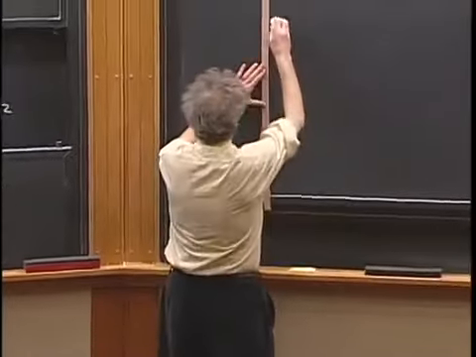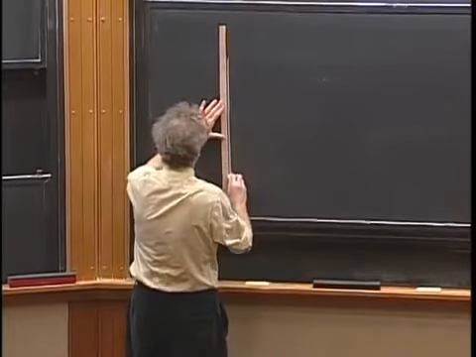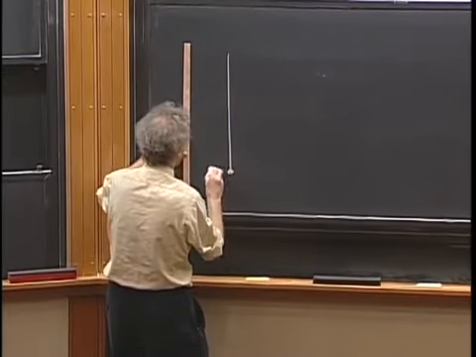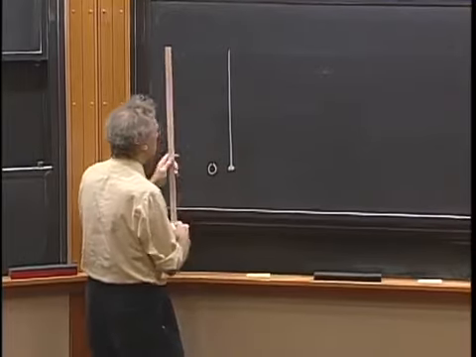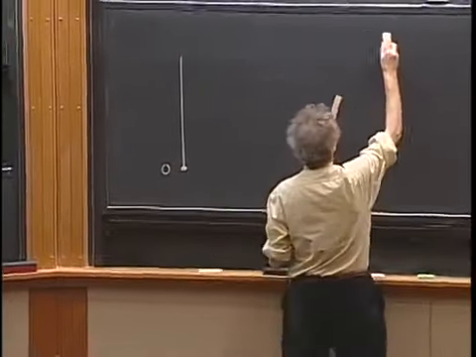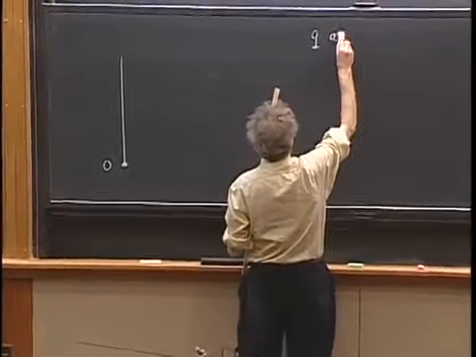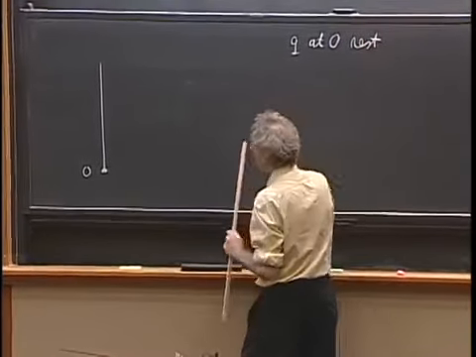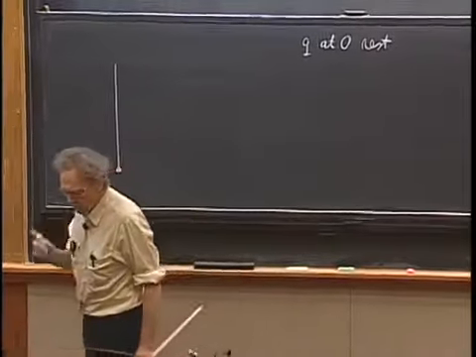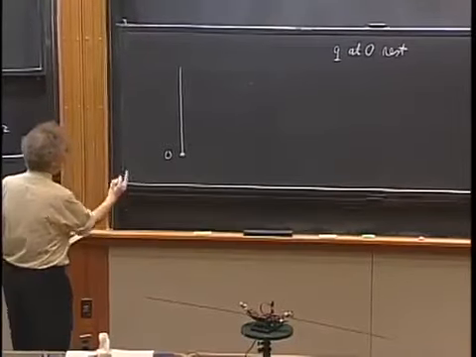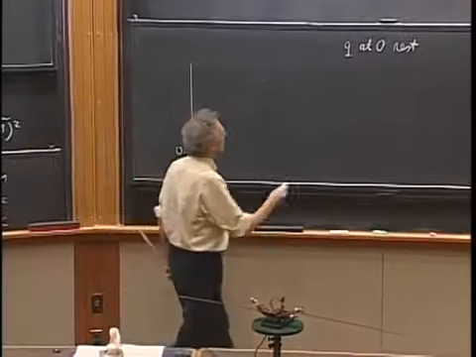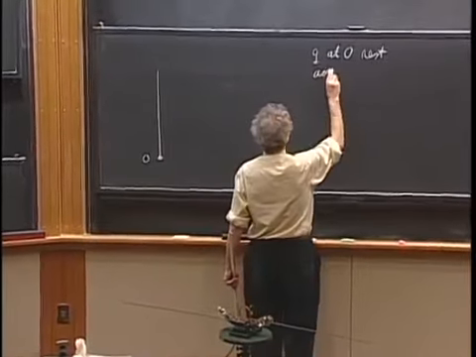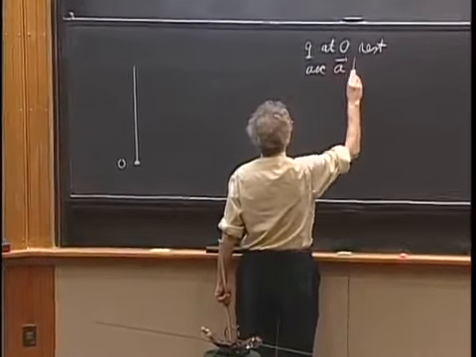Suppose I have here a charge Q which is located at position A. So we have a charge Q, it is at A, at O, and it is at rest. And I'm going to accelerate that in this direction, with an acceleration which is in this direction.